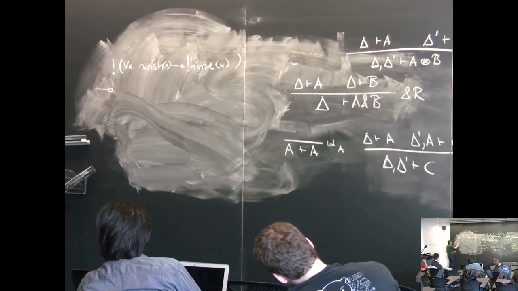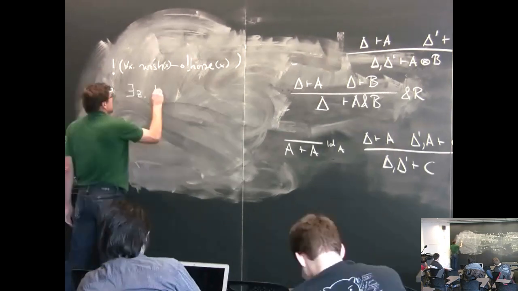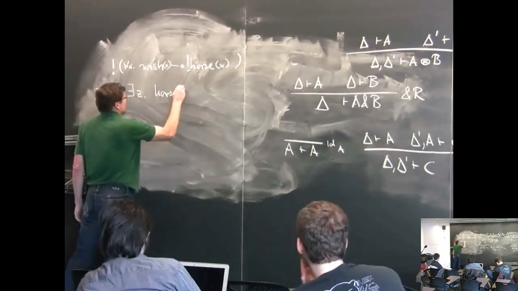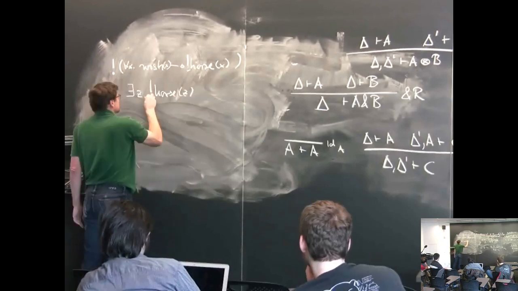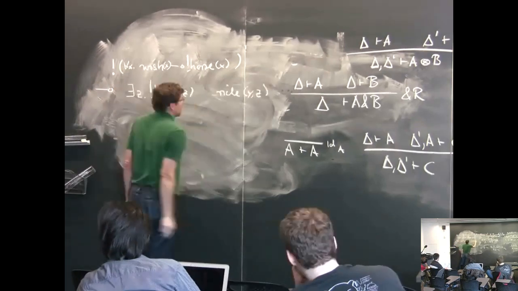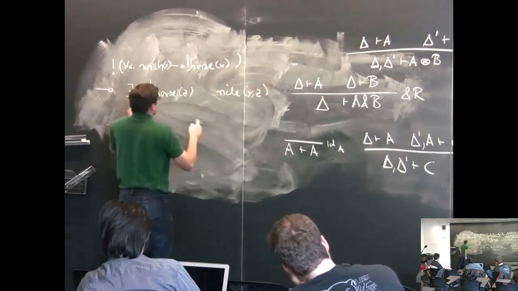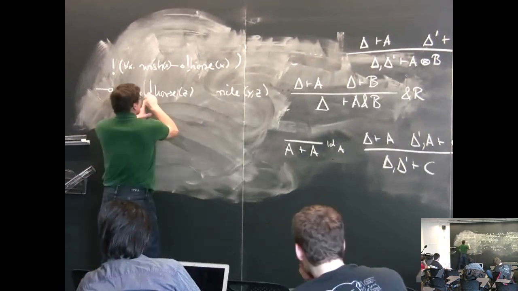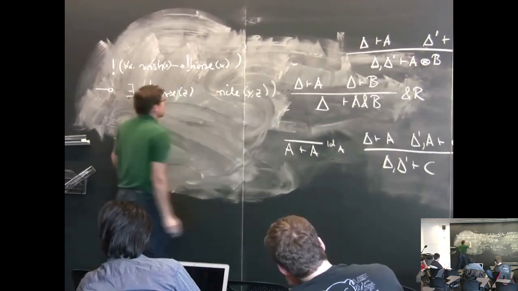And there exists a z, such that z is a horse. And that, of course, is persistent. And y would ride z. The quantifier has this scope here.